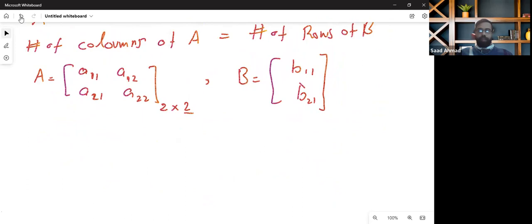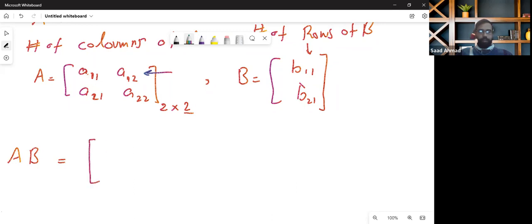To multiply them, we pick the first row from here and multiply it with the column here. So let's do A times B. This is A11, and it gets multiplied with B11, the first number here.